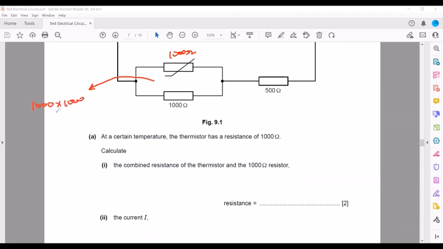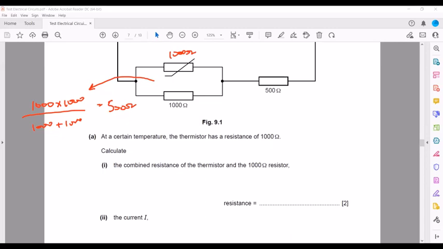So 1000 times 1000 divided by 1000 plus 1000. When we solve, it comes out as 500 ohm.